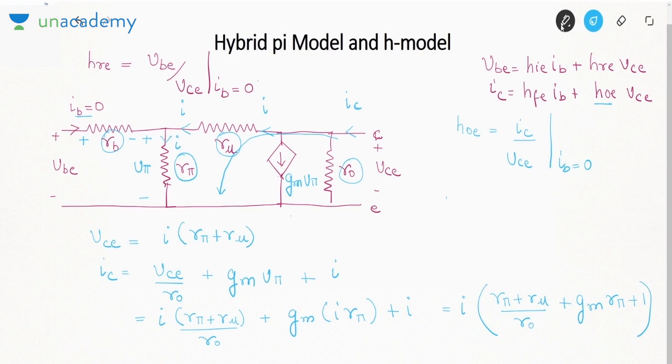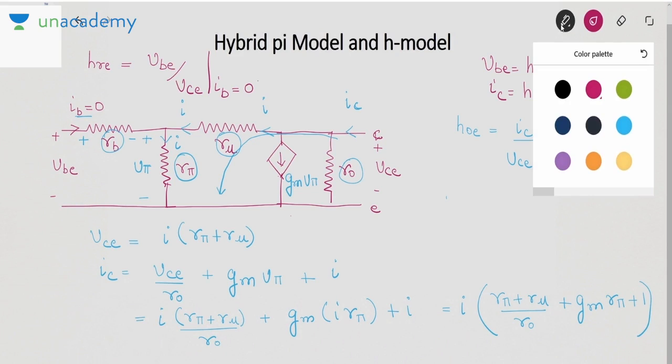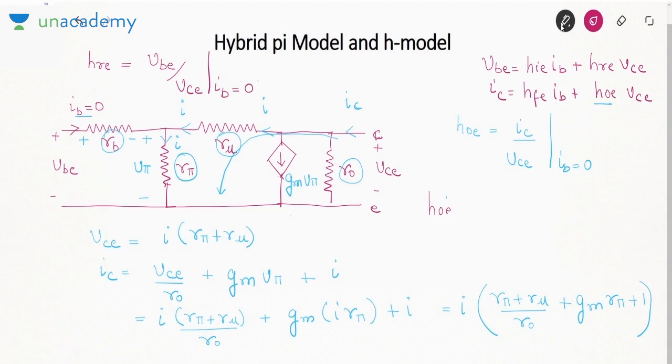Now take the ratio IC by VCE for HOE. What will it become? R pi plus R mu over R naught plus GM R pi plus 1, whole divided by R pi plus R mu.